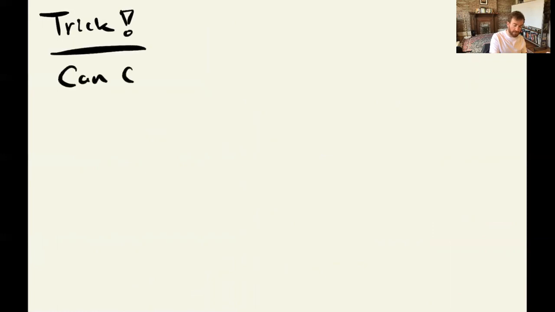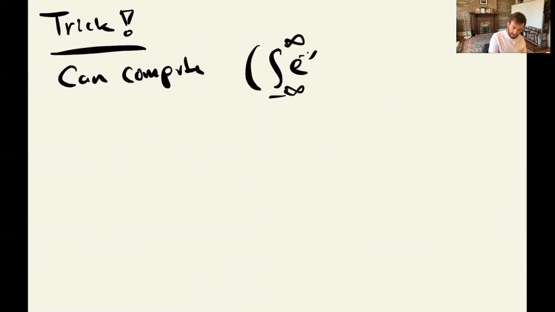So here's our trick. We can compute the value of this integral, e to the minus x squared over 2 dx, squared. This factor right here is the magic trick.